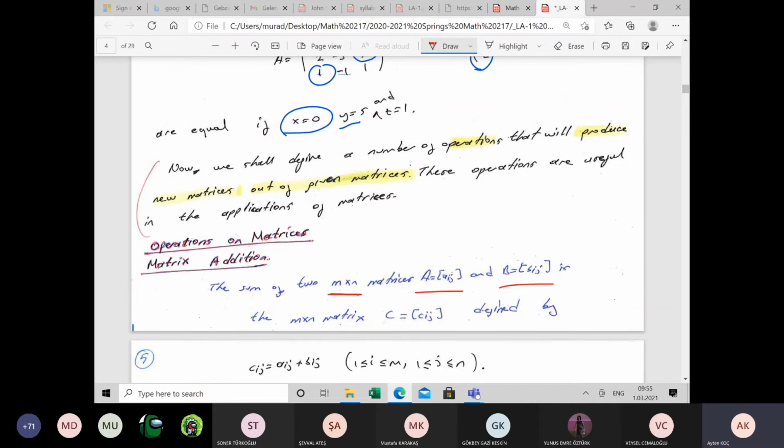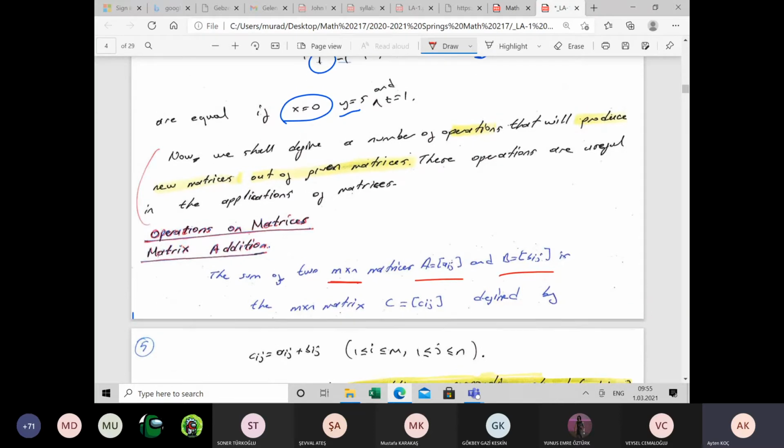Let's define the sum of A and B. This gives a new matrix, say C, with entries Cij. So how do we determine this matrix?